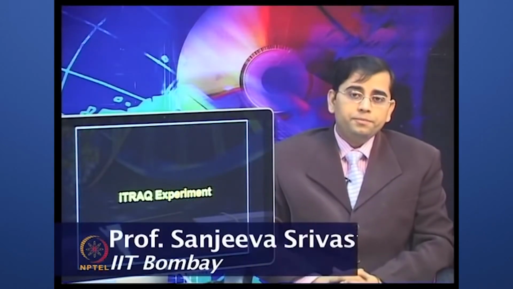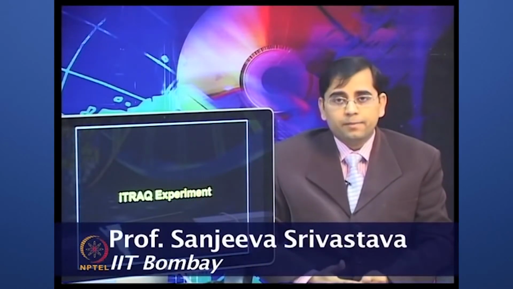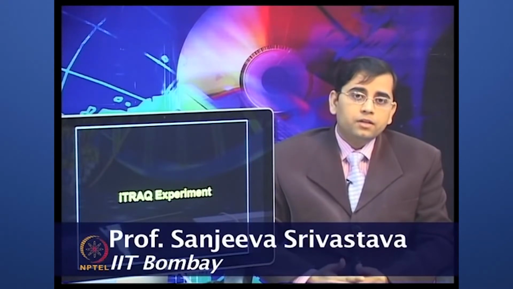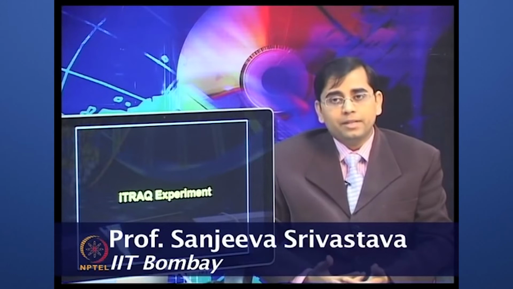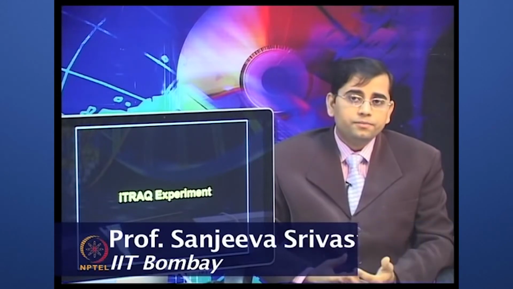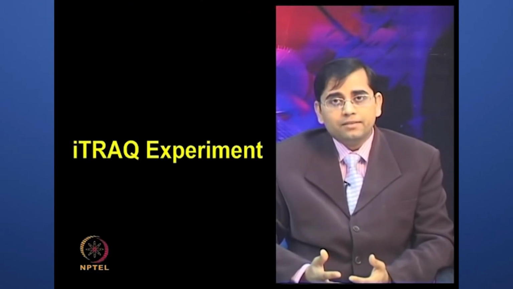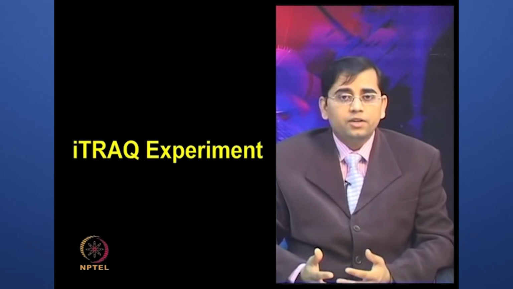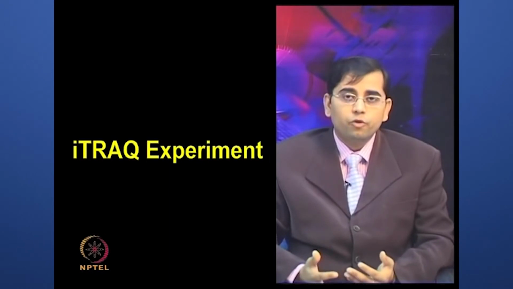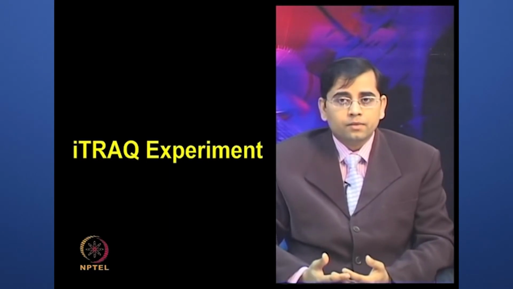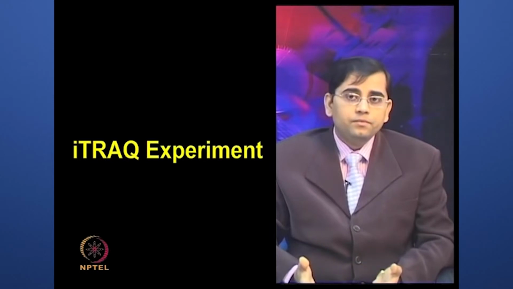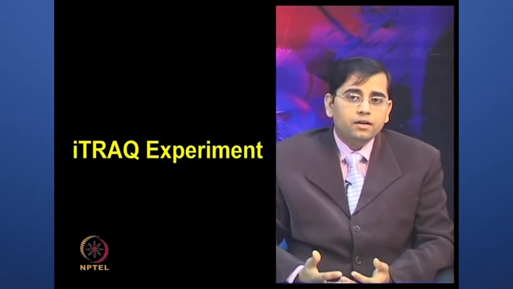We will now talk about how to perform an iTRAQ experiment. In an iTRAQ experiment, the control and treated protein samples are first reduced, alkylated and digested with trypsin. The digested samples are reacted with different iTRAQ reagents, 4-plex or 8-plex. The samples are then combined.